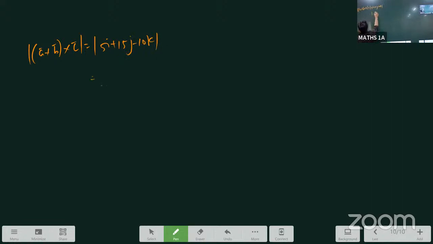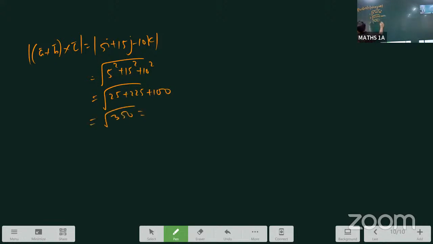That is nothing but under root of 5 square plus 15 square plus 10 square. That is under root of 25 plus 225 plus 100. Total how much? 350. That is nothing but under root of 25 into 14. That is 5 root 14.